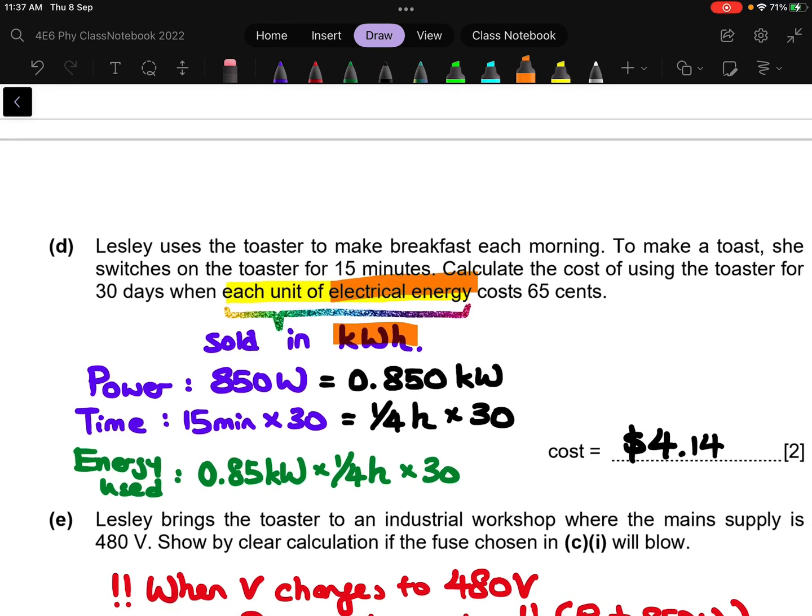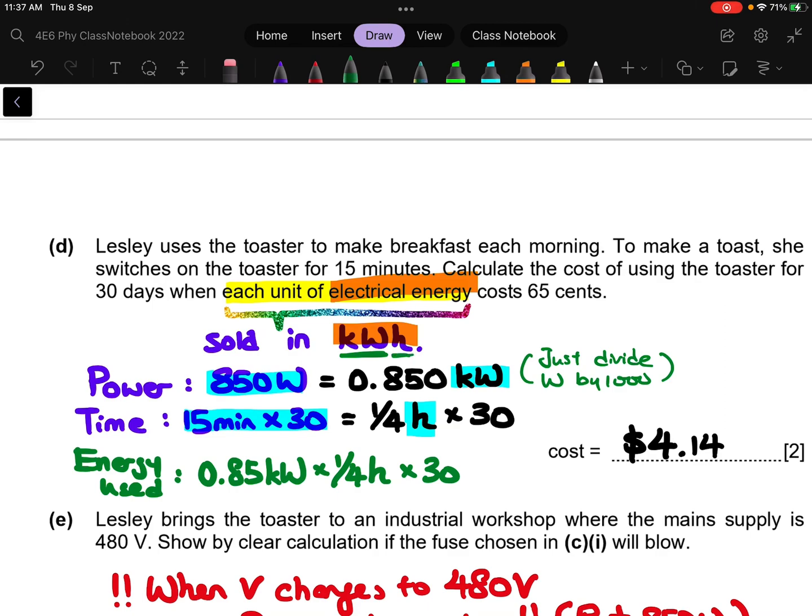So they tell you that the toaster actually has a power rating of 850 W. Turn this 850 W into kW by dividing it by 1,000, right? Just divide the W by 1,000, right? You will get the kW. So now you found this part. How long has it been used? Yeah, you have the duration. So turn this duration into hours, right?